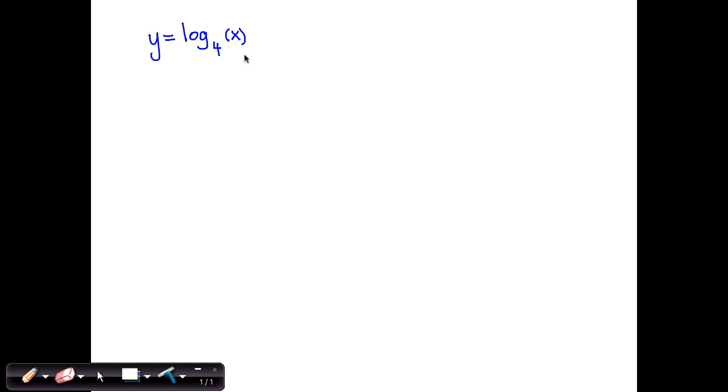It is on your list of things to know rate of change function rules for. So if y is log base 4 of x, what would dy/dx, or y prime, be?